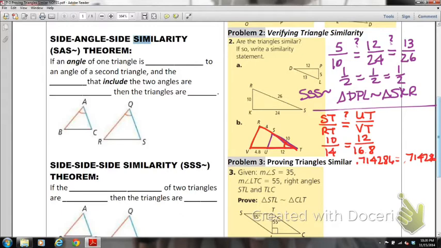So they are equivalent fractions because they're equivalent decimals. So we have proportional sides. You have angle T is congruent to angle T because of reflexive property. That's the angle in between the proportional sides. So we have the triangles are similar. Triangle STU is similar to triangle RTV by side angle side similarity.